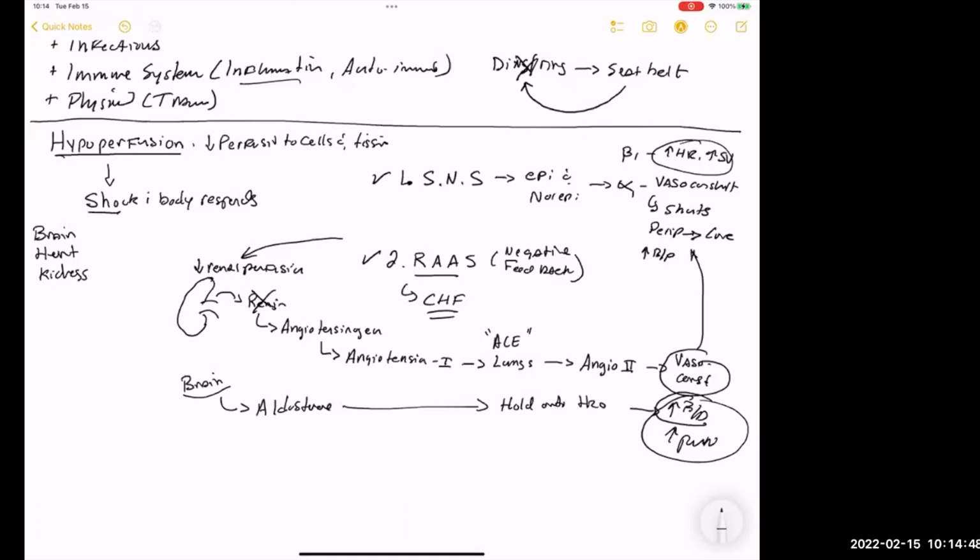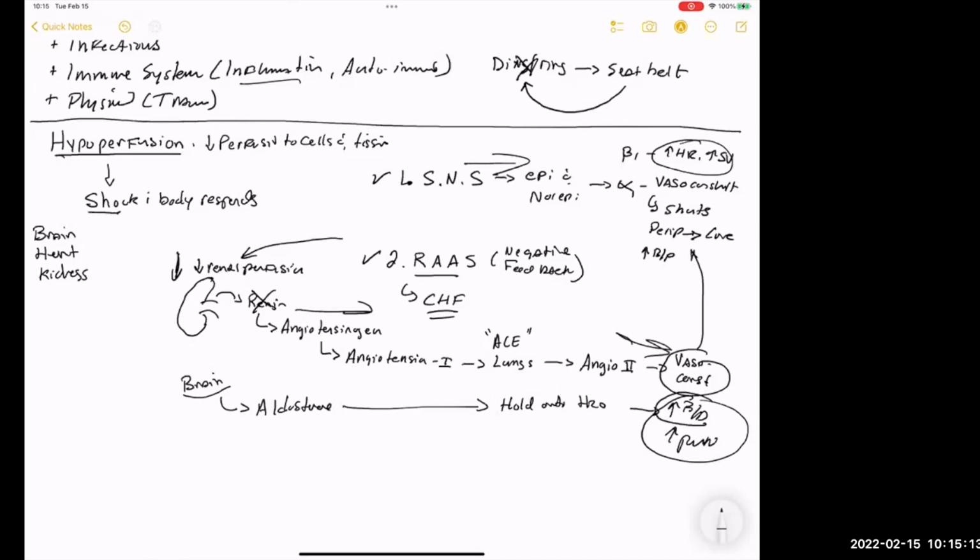And if the heart is failing, you can see that this will do what? Well, this will cause the heart to fail more. And then as the heart fails more, you get lower renal perfusion, and you get more of this, more vasoconstriction, more sympathetic nervous system activation, and this becomes a vicious cycle that can lead to death.